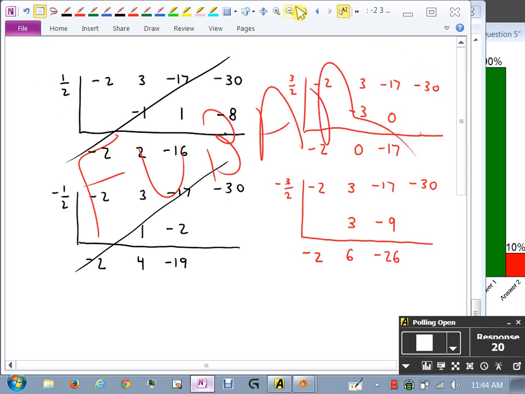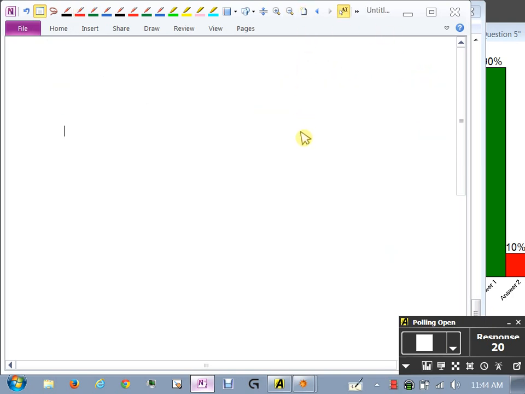All right, so we're going to move on and fix the problem to be -2x cubed plus 3x squared plus 17x minus 30. And the same thing happens, left and right hand behavior still the same, right?